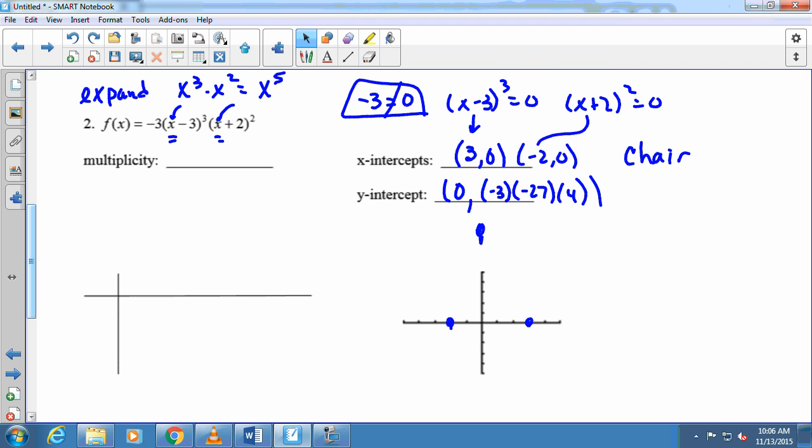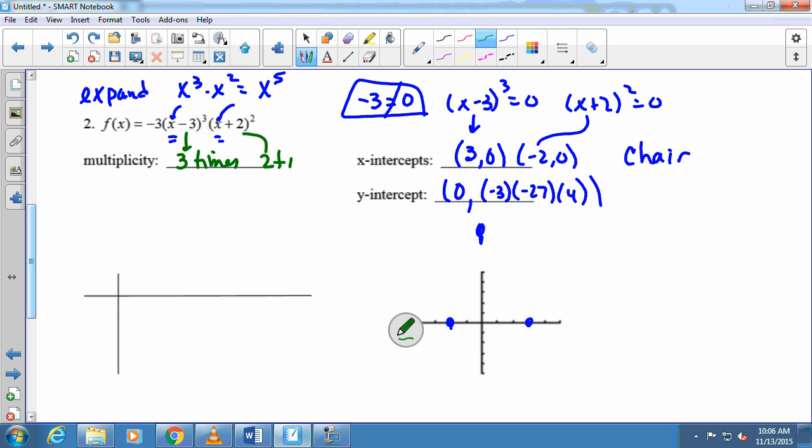Now multiplicity. If you recall, multiplicity is how many times the root hits. This root hits 3 times. This one hits 2 times. This is going to be a bounce, and this is going to be a flat pass through.